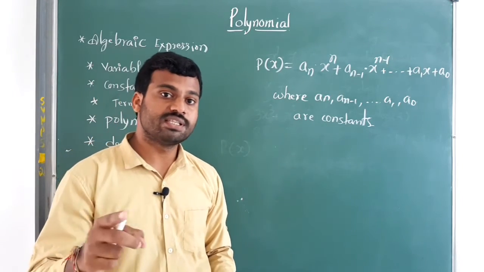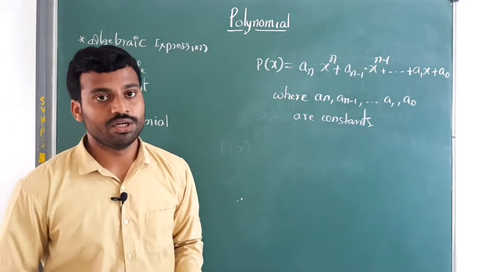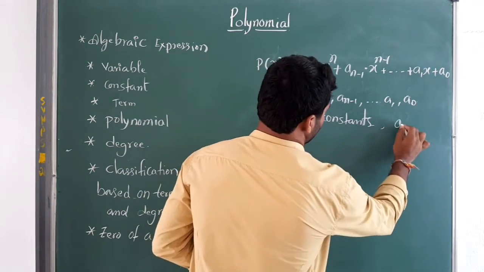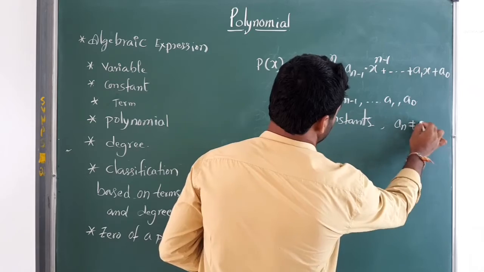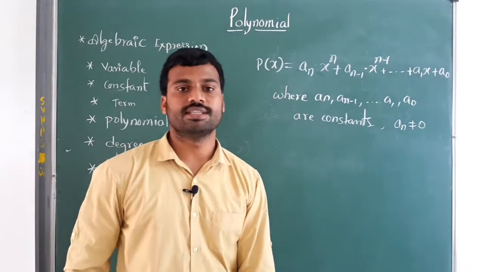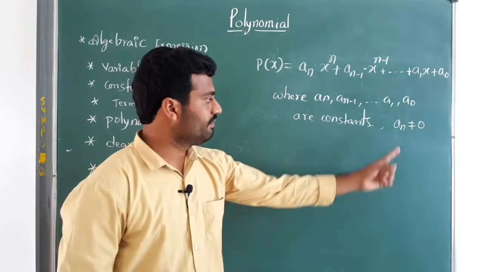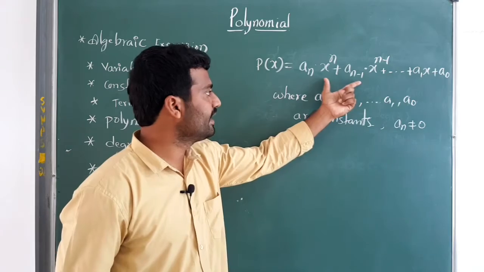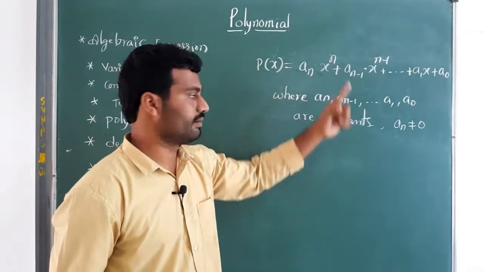If you want to say the degree of this polynomial, you have to mention one more condition, that is a n is not equal to 0. Clear or not? If a n is not equal to 0, then the degree of this polynomial is n.